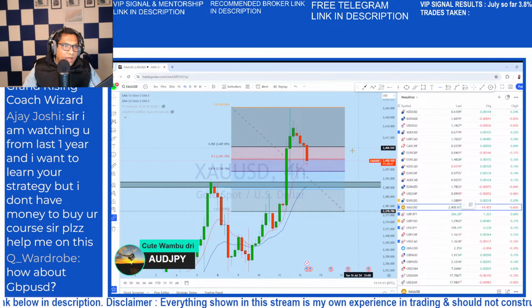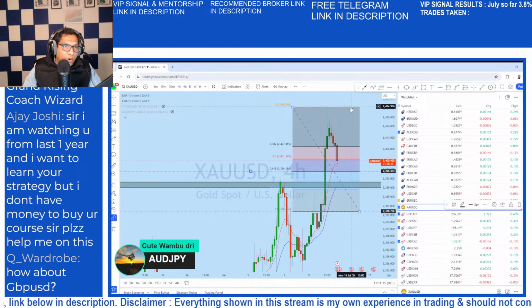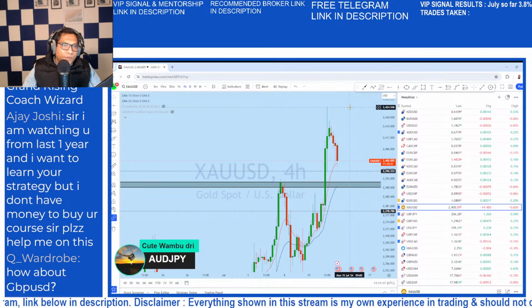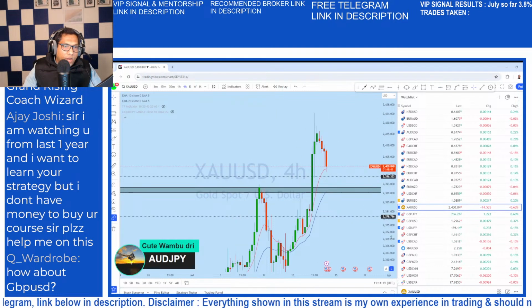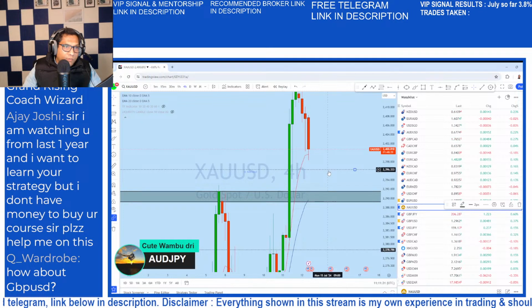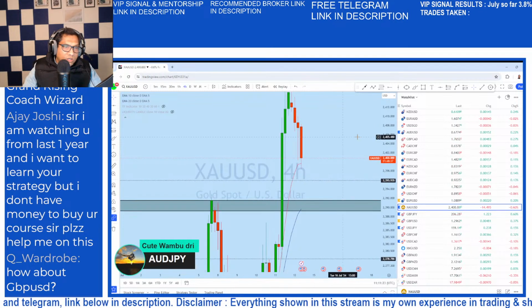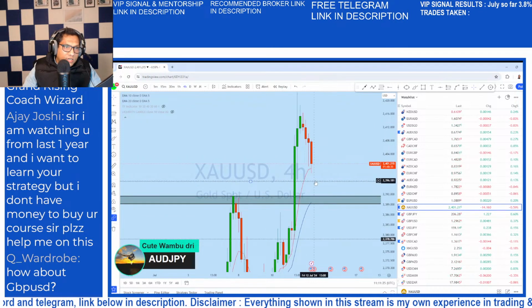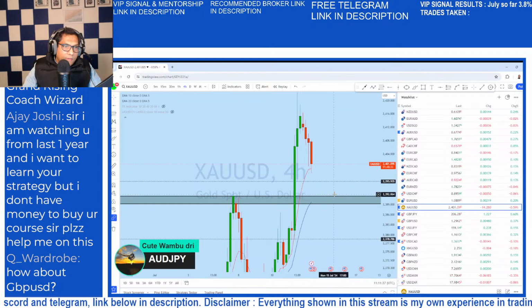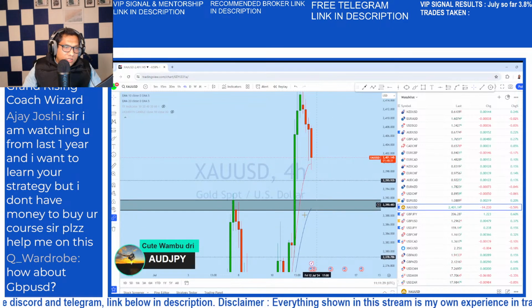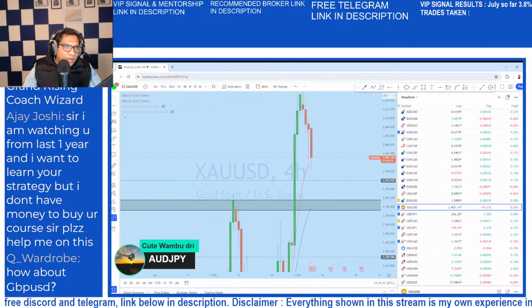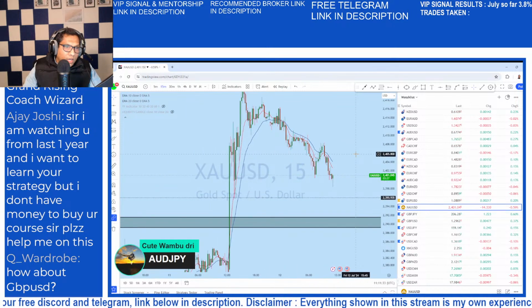So I would like to level it at the 61.8% Fibonacci level. It is very important because it is the golden ratio, and a break below this Fibonacci can be an important zone to look at.